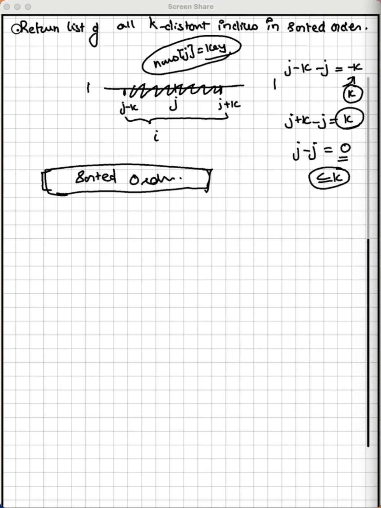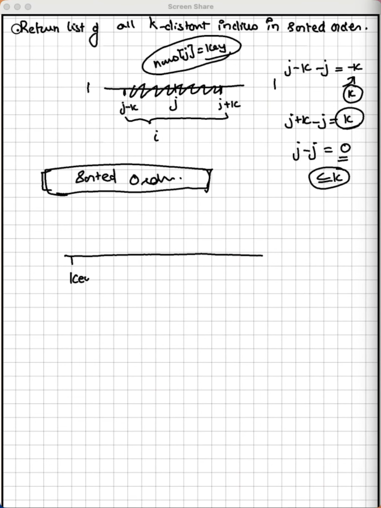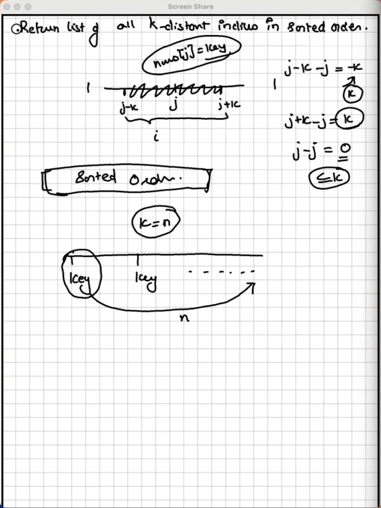One of the important things for us to think about here is the worst case complexity. If my first element happened to be key and my second element happened to be key, and let's say all of them happen to be key, and my k is equal to n, then for this particular key I can look forward n items and backward 0 because this is the 0th index.